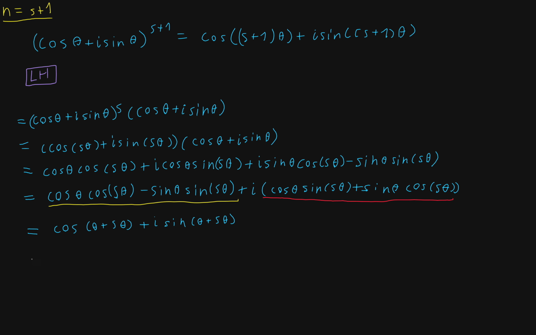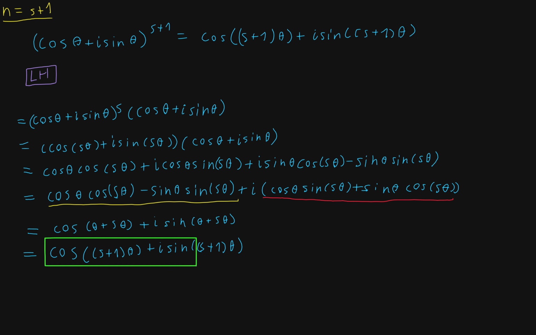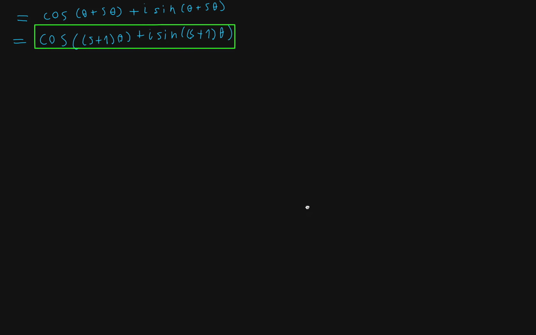And then we can factor further within the angles here, factoring out a theta, so we get cosine s plus 1 theta plus i sine s plus 1 theta. So this has been proven nicely. The left hand side is equal to the right hand side, so this works for all the positive integers we actually considered, but let's also test the negative integers.